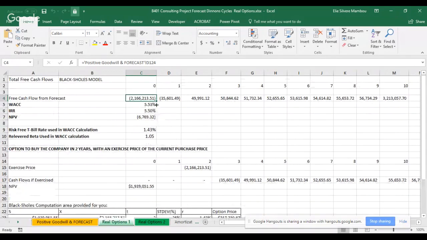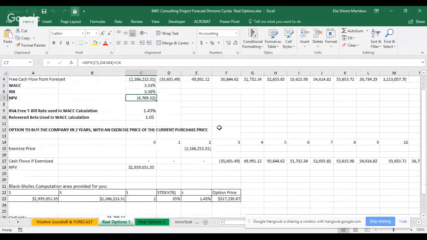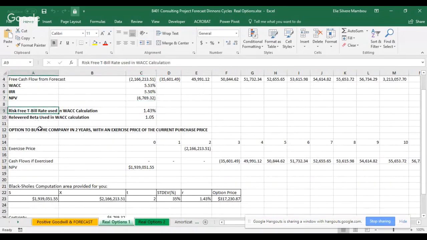Based on these figures from the various years, we were able to calculate our NPV for the free cash flow, which is a minus 6,769. And of course, in order to do that, we used our risk-free T-bill rate and our levered beta, which we got from our previous presentation.